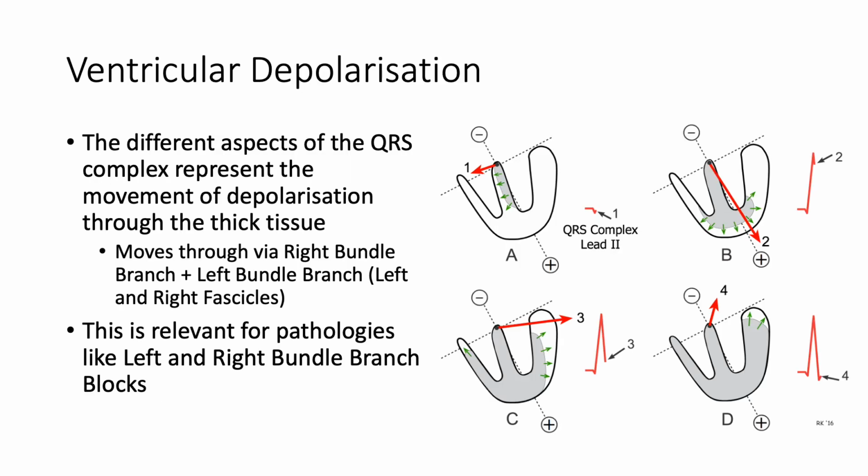So this goes through ventricular depolarization, which is pretty logical. The QRS, as we can see here, goes down a little bit, then up, then back down. So it's got different waves to it, and that's just because of the way that the depolarization moves through the tissue.